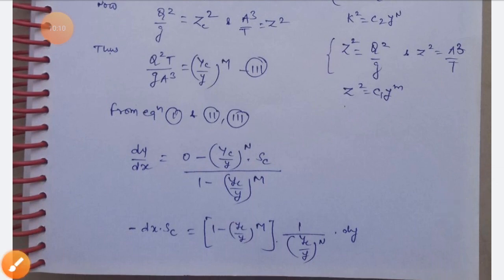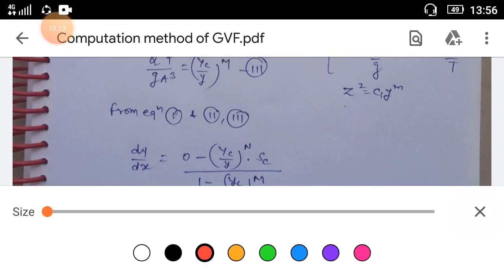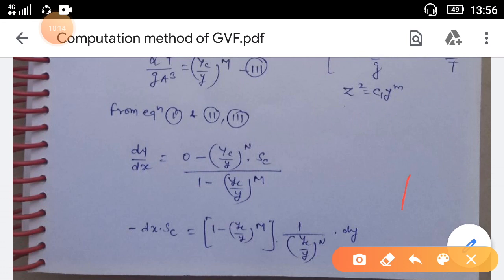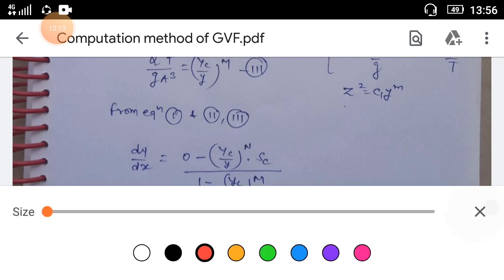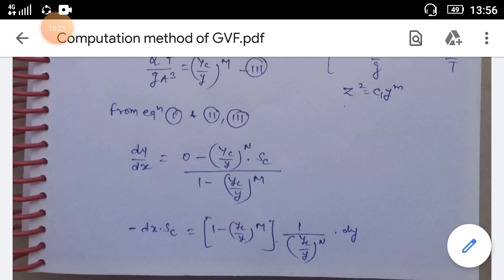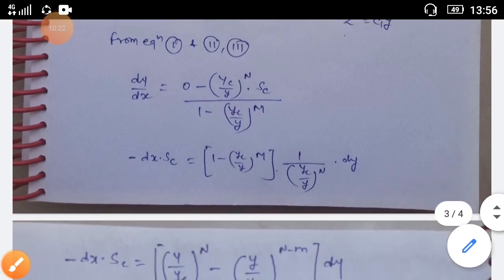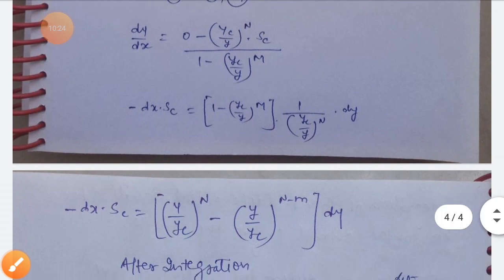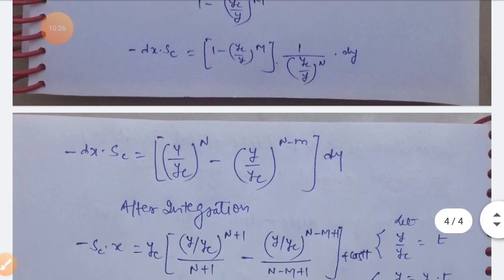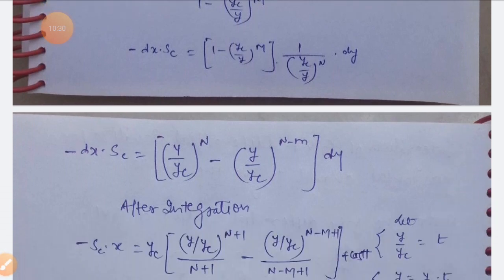Now take the dx on one side, dy on the other side, Sc with dx. So simplifying this, minus Sc dx is equal to [(y by yc) to the power n minus (y by yc) to the power (n minus m)] into dy. We have already simplified this equation, we can arrange it.